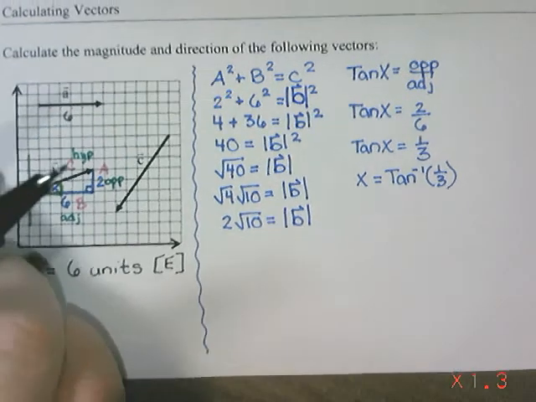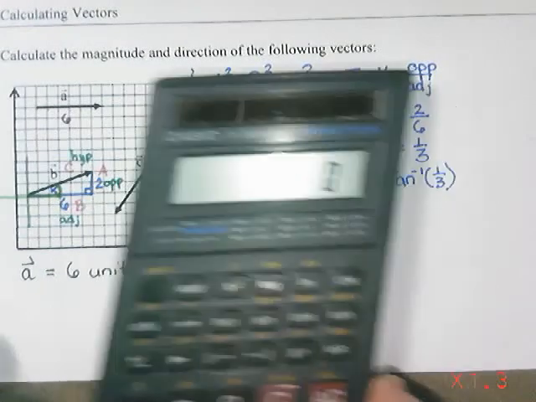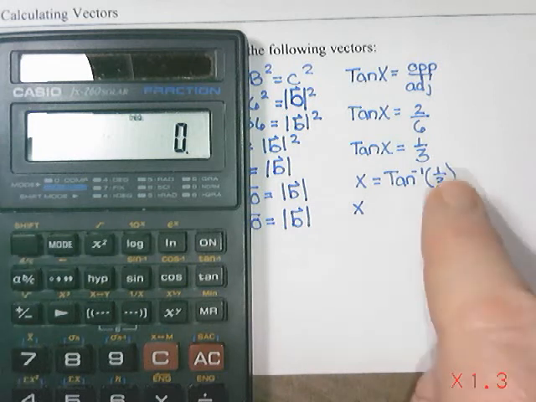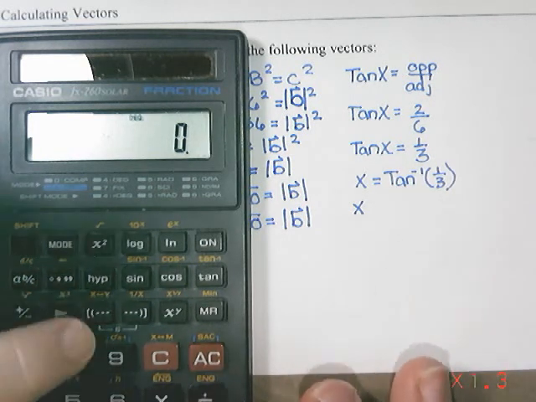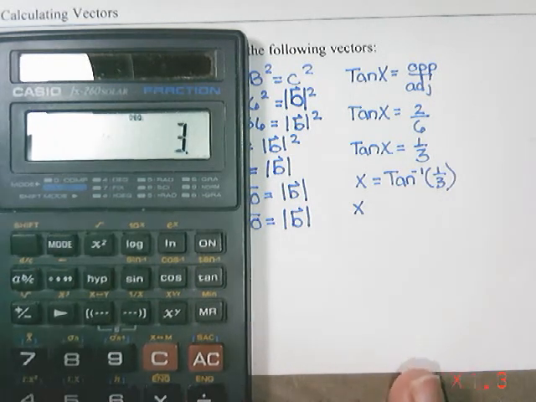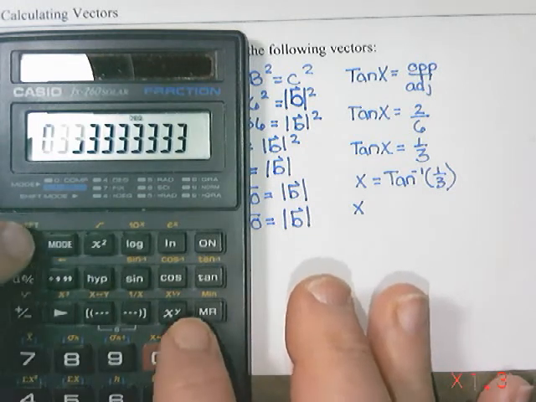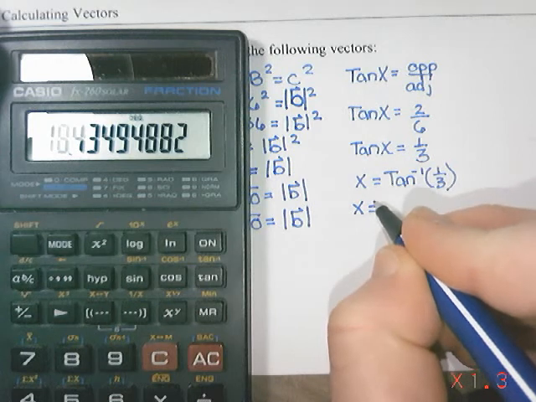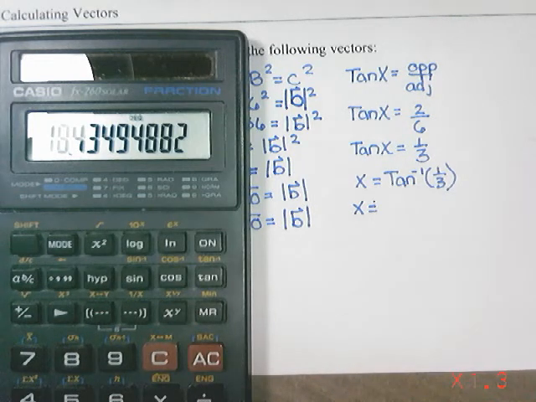I am going to make sure that I am in degrees. So the inverse tan of 1/3. On my calculator, I have to do the 1 divided by 3 first, and then my inverse tan, and I get approximately 18.43 degrees.